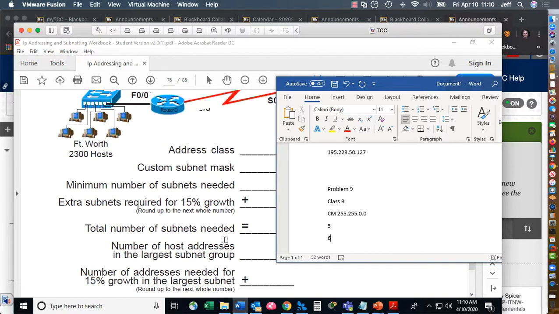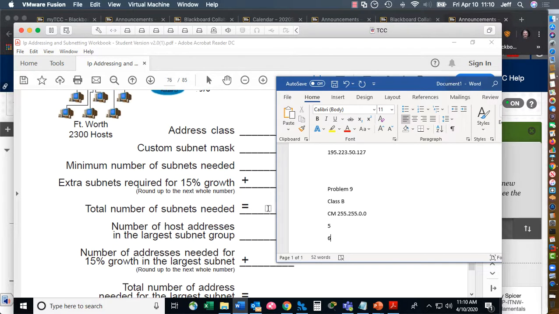So for growth, total number, we need 1 extra. So I guess we'll do 1, and then 6 is the total. So this is subnets needed.